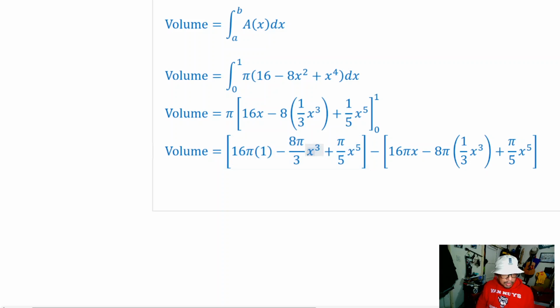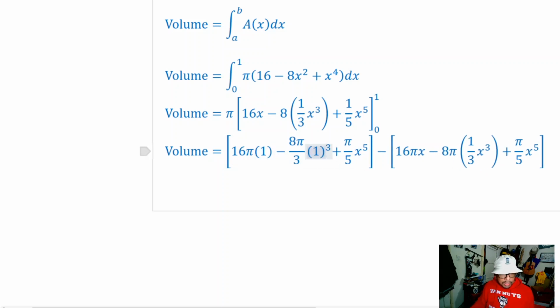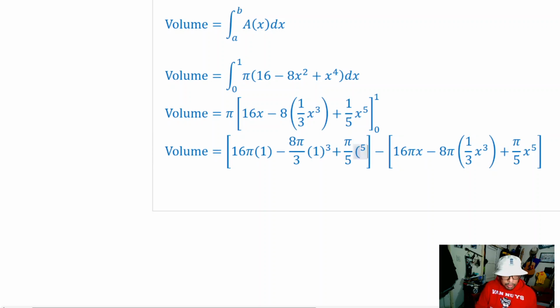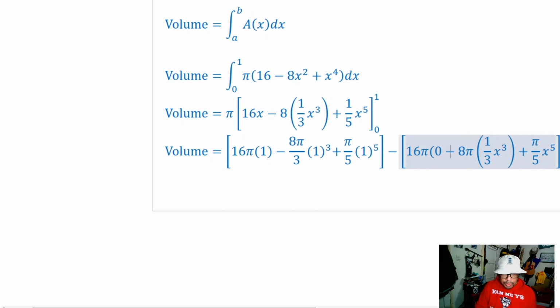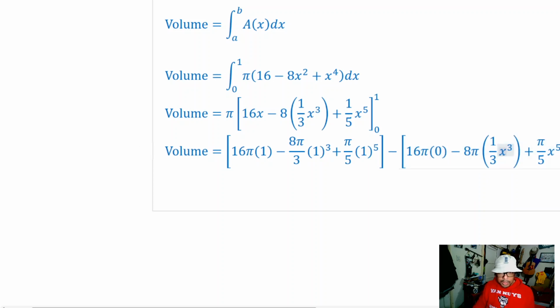And we can turn that x into a 1. And now this x over here, that's also going to be a 1. These x's over here, they're going to be a 0. I'm not going to make too much of a fuss on this one, since I know 0 times 0 is just going to be 0. Great. All right, here's our substitution.